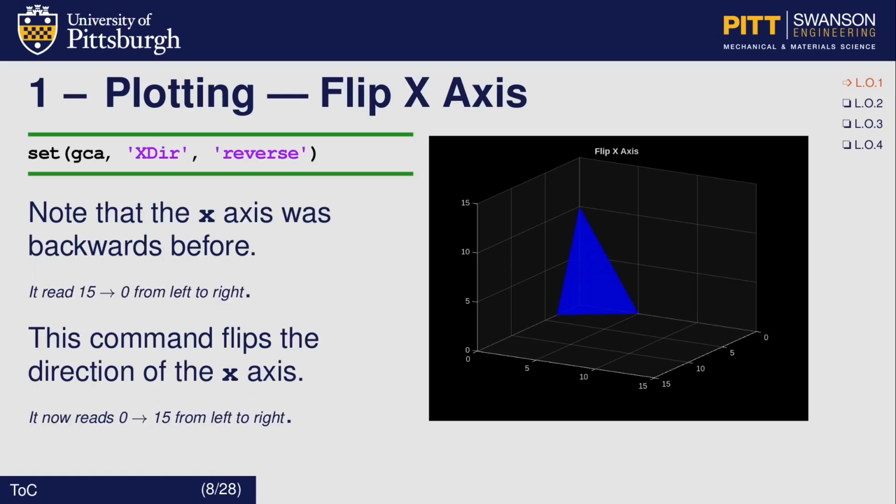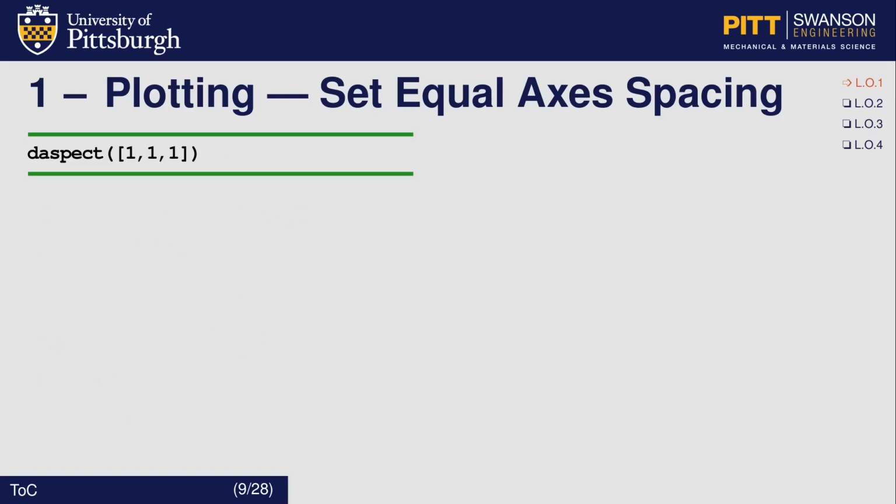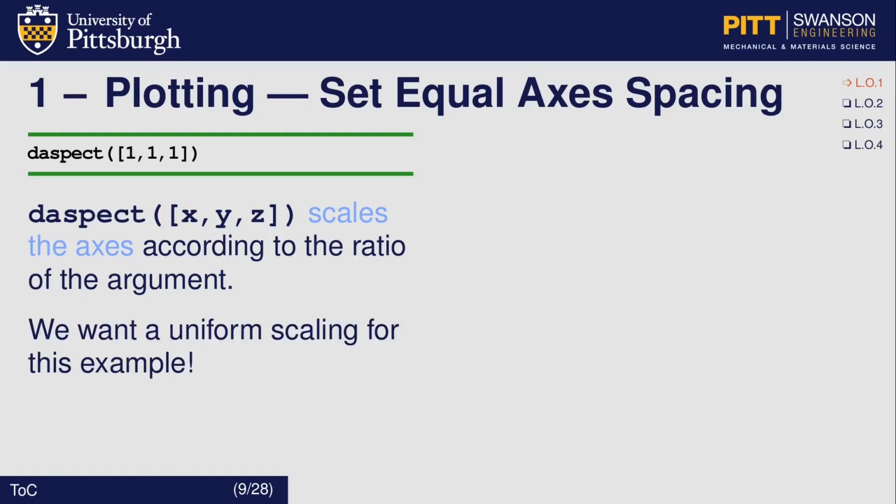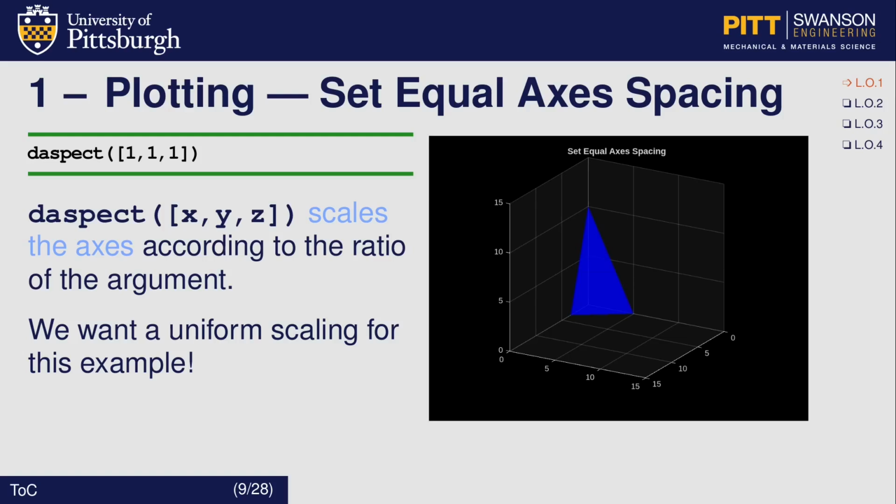This command flips the direction of the x-axis so that 0 is on the left and 15 is on the right. Now we use the daspect command with equal ratios of 1, 1, 1. The daspect command scales each axis according to the ratio of the values in the argument array. We definitely want a uniform scaling for this example, and now the graph looks like this.